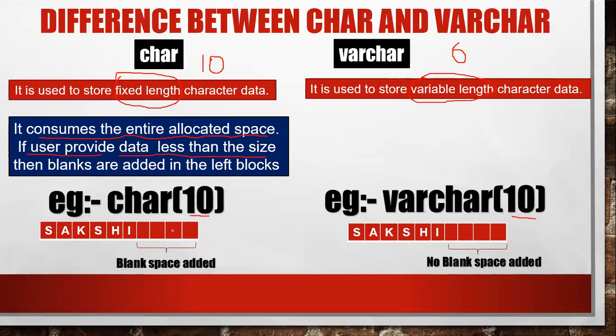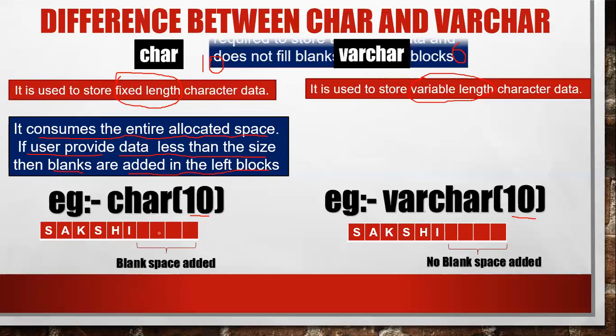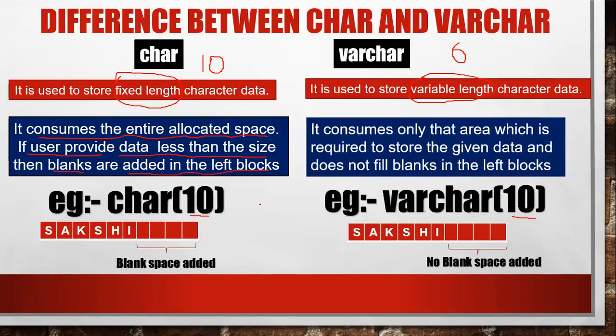So it is less than the allocated space. Then blanks are added in the left blocks. Whatever block is left, it forcefully adds blanks in it, so that the entire space is consumed. But in case of varchar, it consumes only the area which is required to store the given data. So it doesn't consume the entire space. It consumes only the space used to store the data, and does not fill blanks in the left blocks. Whatever blocks are left, it doesn't fill any blank character in them. It leaves the blocks as they are, right?